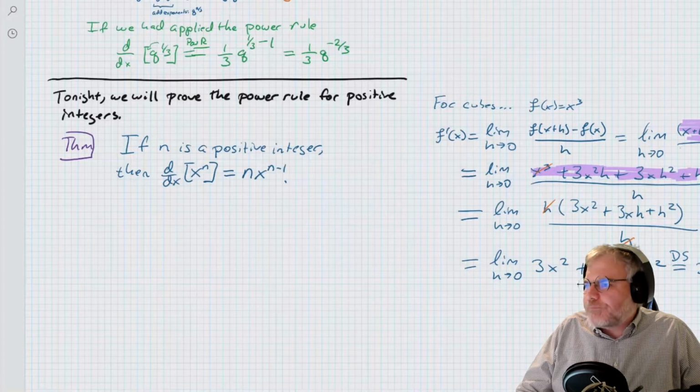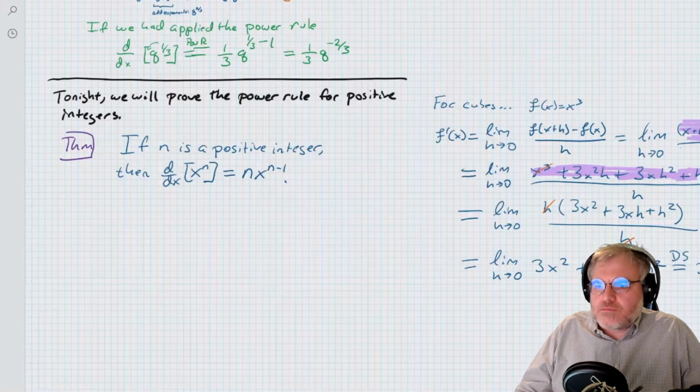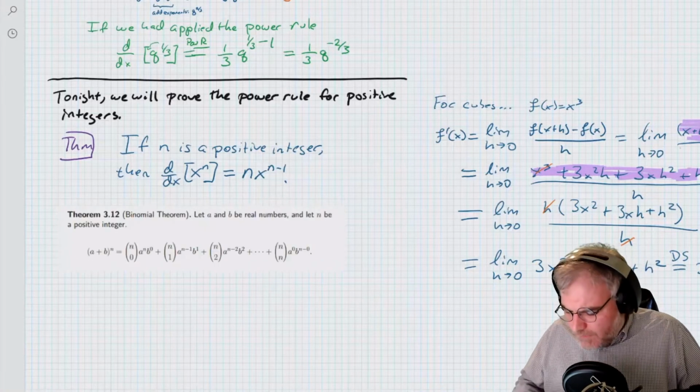Let's grab that old binomial theorem and stick it right there in front of us. I'm going to need this.